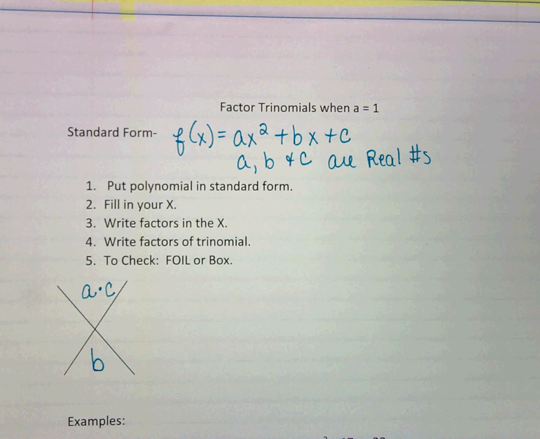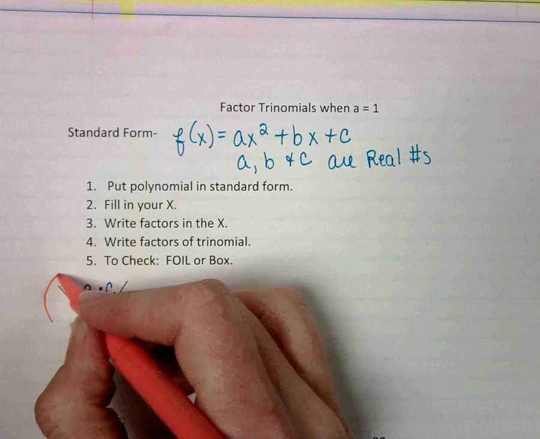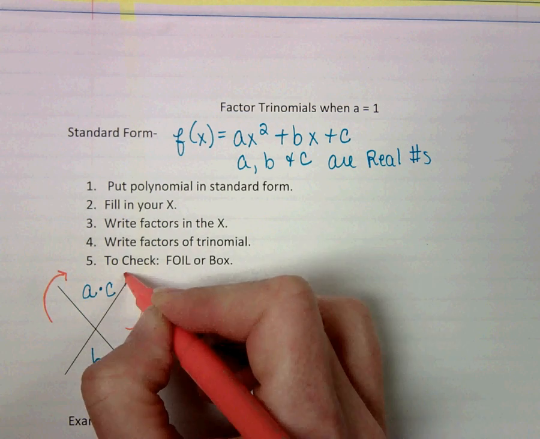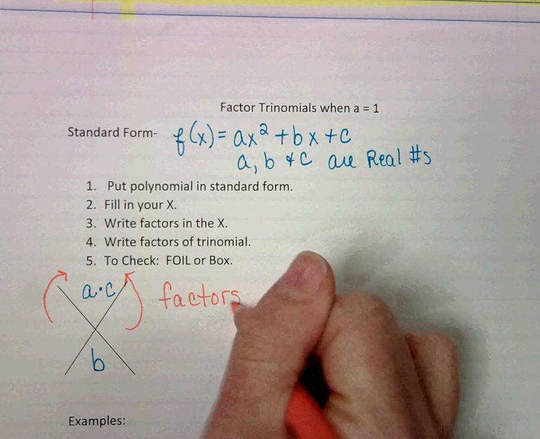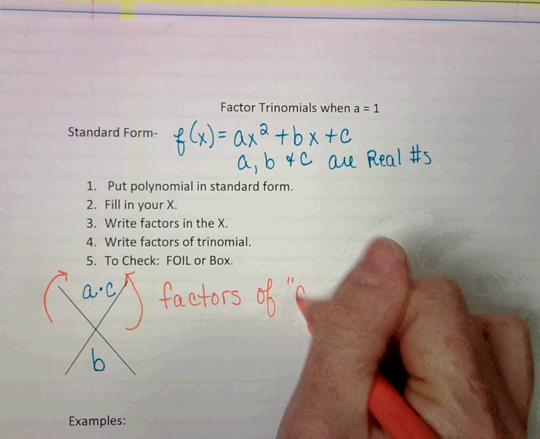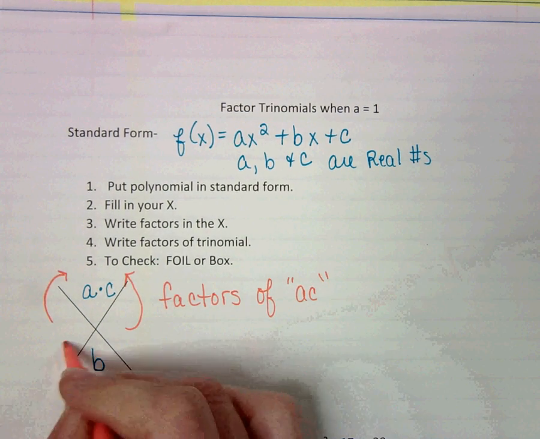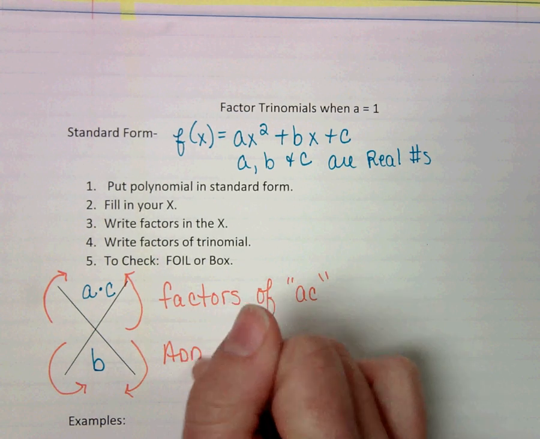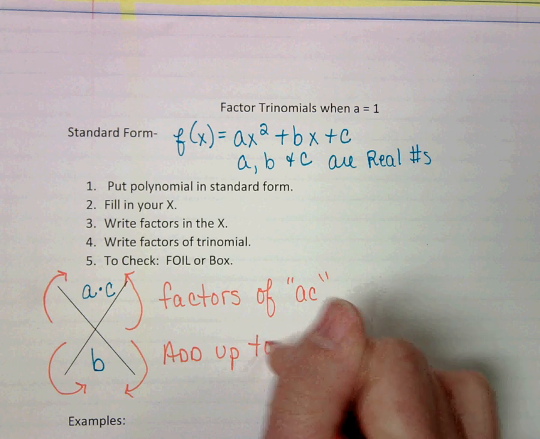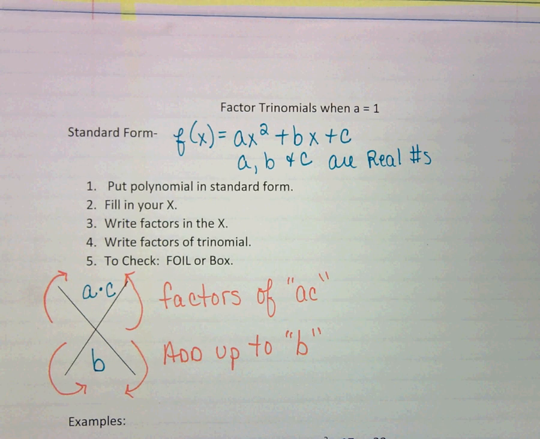The numbers that go on the side have to be factors of a times c, and they have to add up to the b value. Okay, so this is really important. We're going to be thinking of numbers that are factors of the top that add up to the bottom.